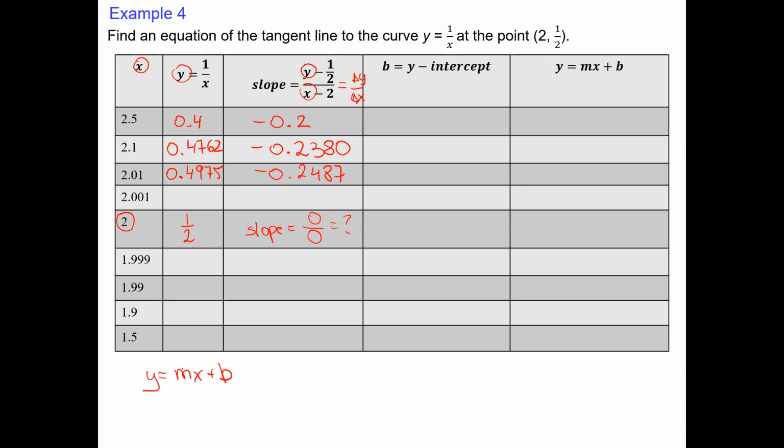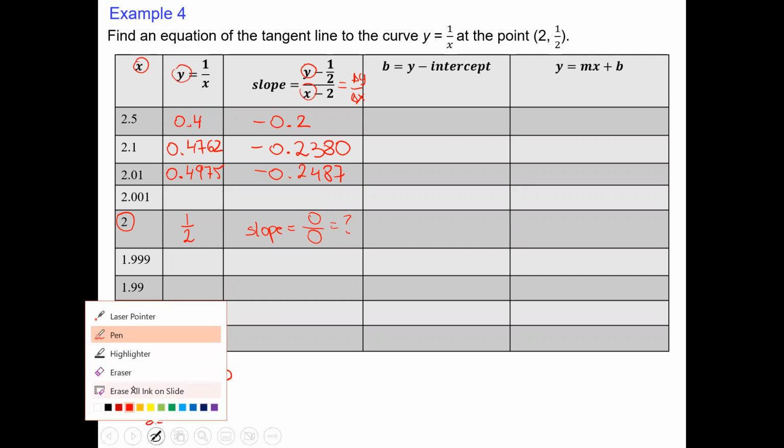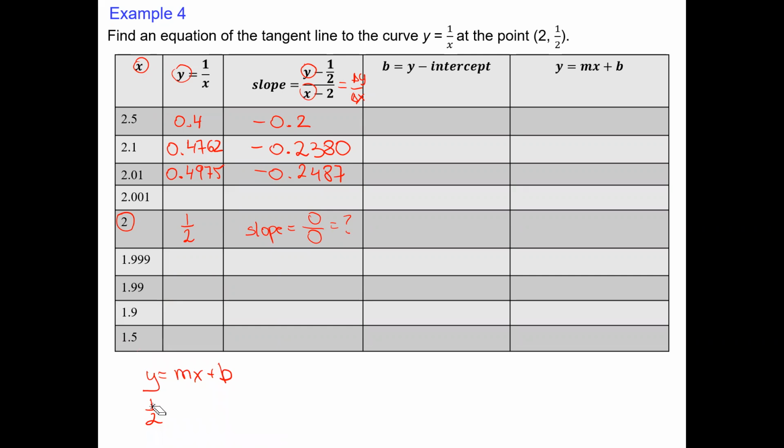In general, let's solve this equation for b. y minus mx, that's what I wanted to say. b will be basically the y value minus the slope times the x value.